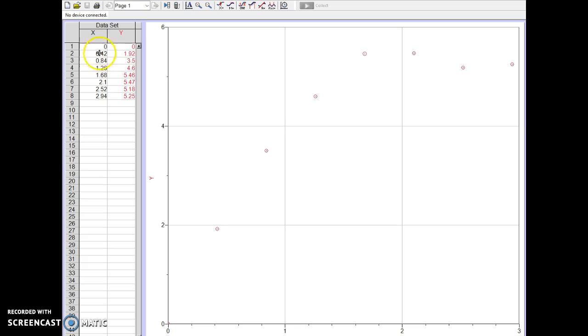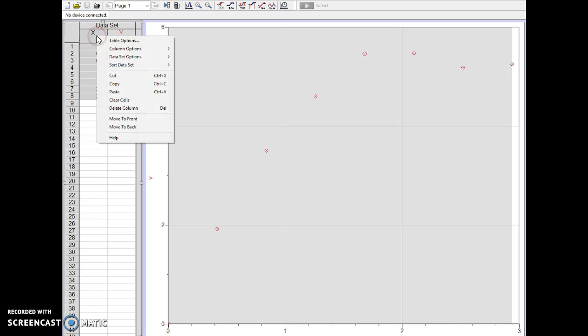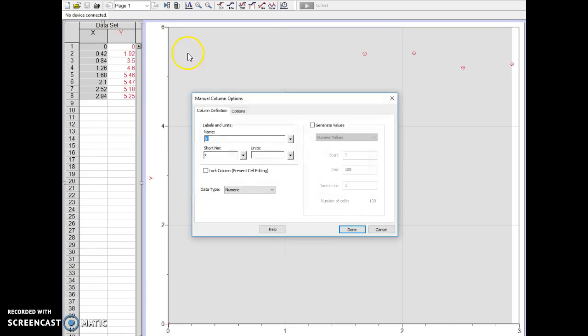This X is the millimoles of acid added, and this Y is the pressure. Now we can actually come up here, right click, and change the name on top of there, and we'll just put acid millimoles.